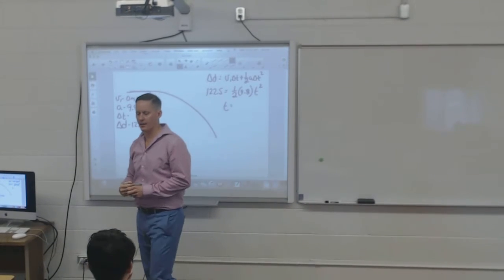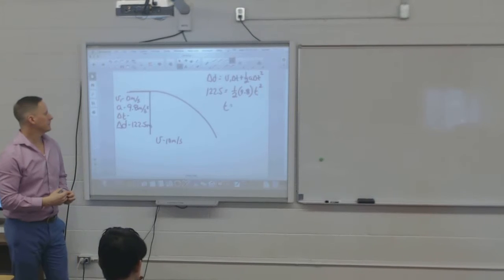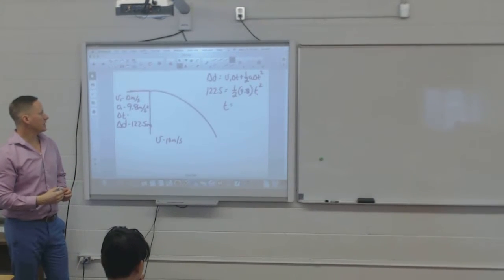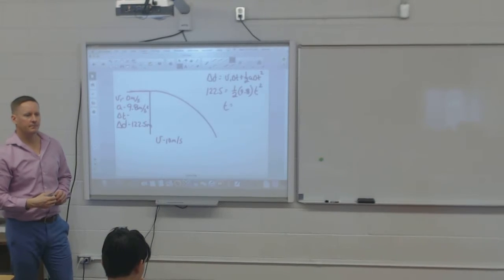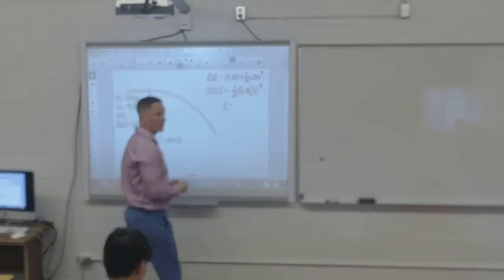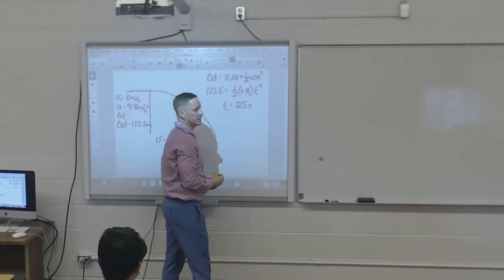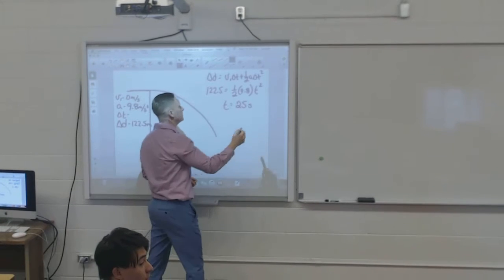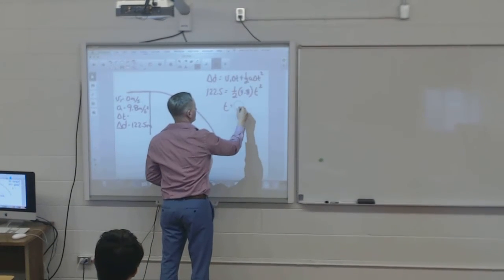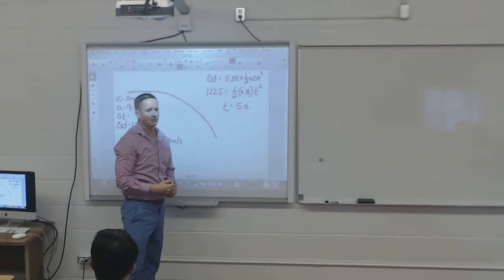Somebody punch that into the calculator, please. Square root of 122.5 divided by 4.9. 25? 25 seconds. No, square root it, it's 5. Oh, I missed the square root. Okay, so 5 seconds to hit the ground.